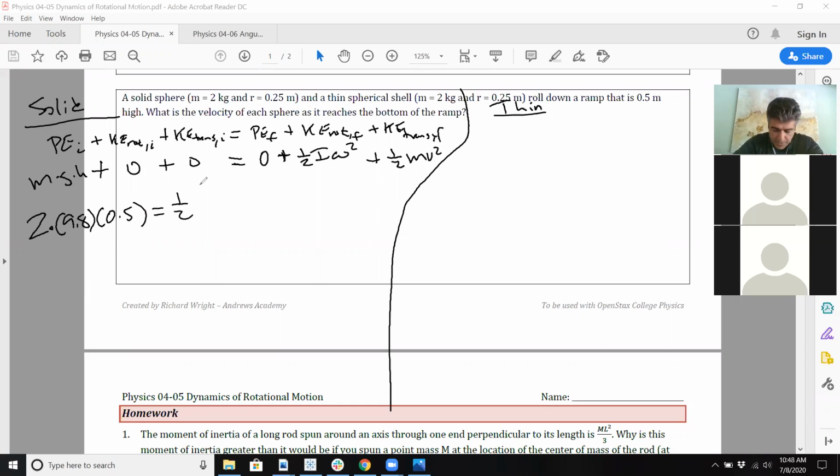Now it's a solid sphere, so we're going to have to be using 2mr squared over 5, so 2/5 times mass times r squared times omega squared, which we don't know what to do with just yet, plus 1/2. The mass I know is 2 kilograms, and v squared, which obviously I want to find.